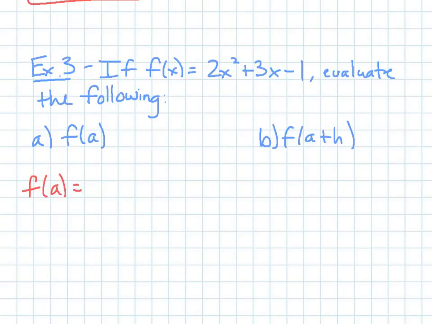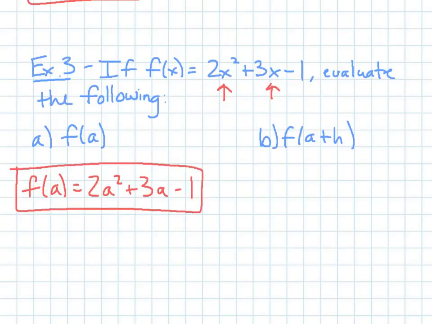So if I plug a into the x, then I would get 2a squared plus 3a minus 1. Now notice there's no like terms. I can't make a into a number, so that would be my answer. Sometimes it would be a lot simpler like that when you're simplifying.